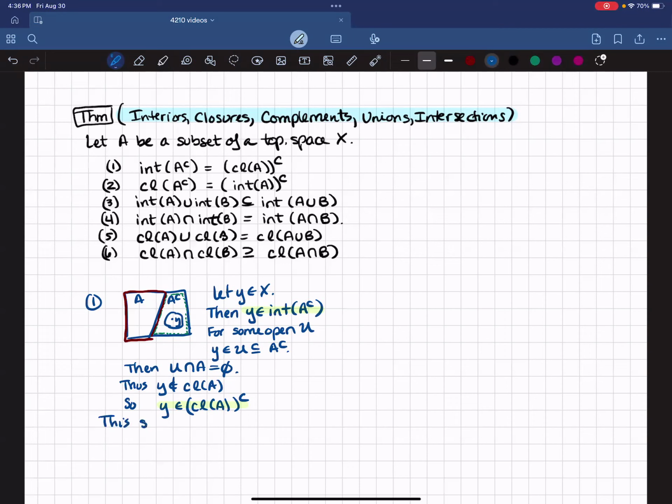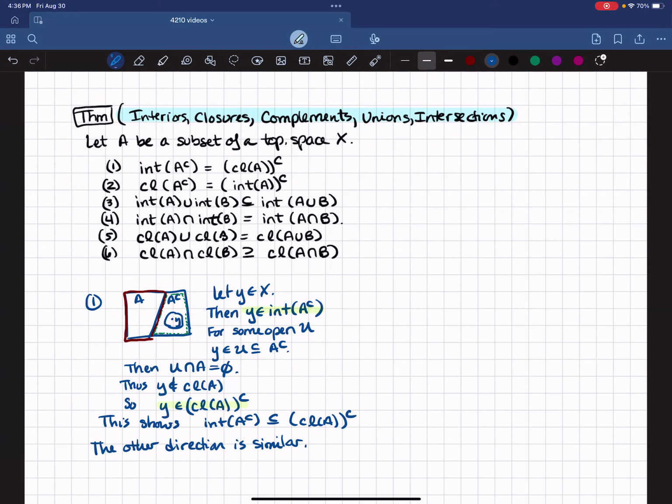So this shows that the interior of A complement is a subset of the complement of the closure of A. The other direction is similar. All right, so that's the proof of one. I cheated a little at the end, but I have confidence that you can complete it.